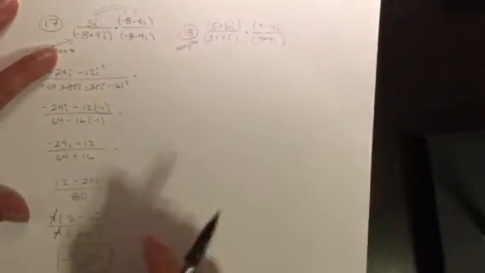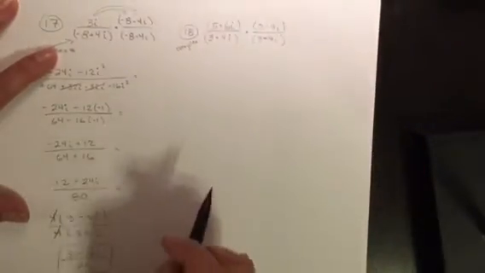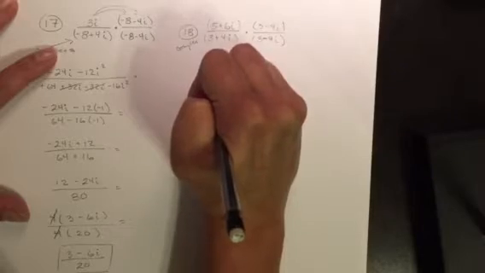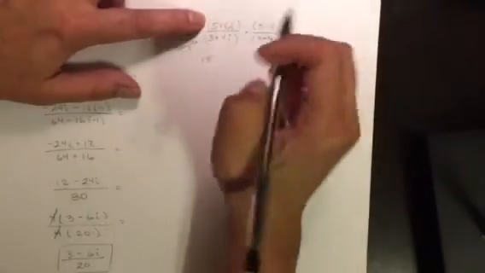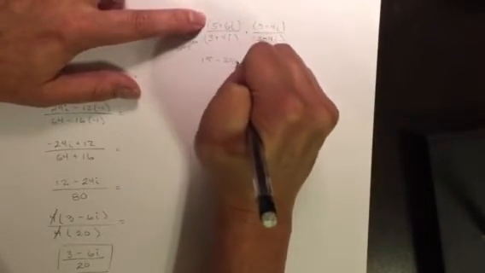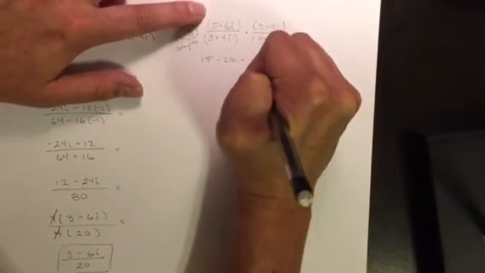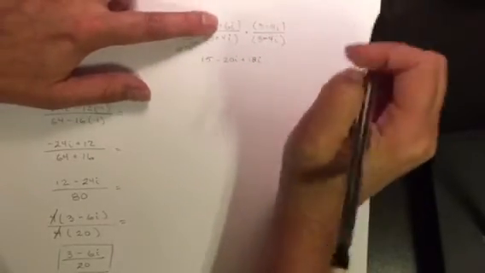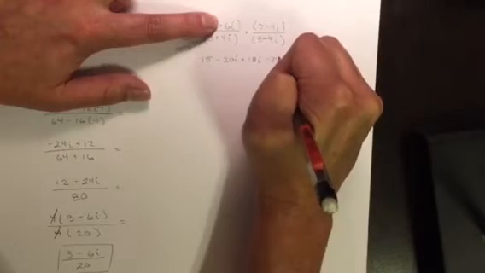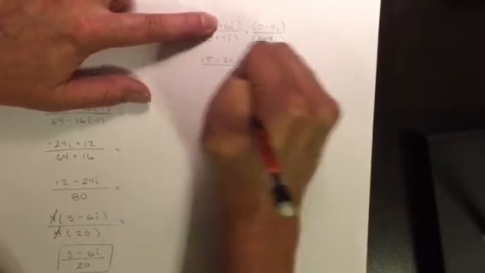So I'm going to need to FOIL on both the numerator and the denominator. So 15 minus 20i plus 18i minus 24i squared.